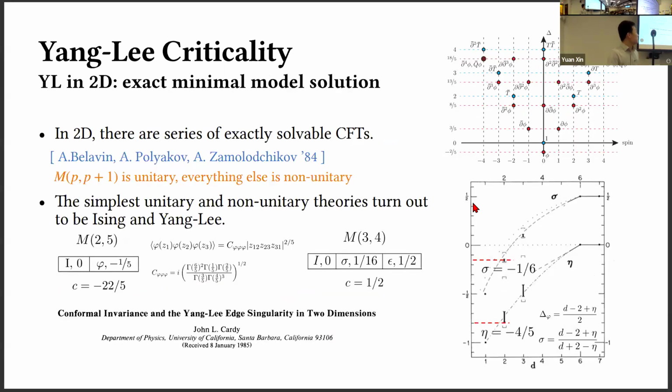And then specifically in dimension 2, we know that a lot of models are exactly solvable. This was established by Belavin, Polyakov, and Zamolodchikov in the 80s. These days we know these models very well. We call them minimal models, M(P,Q).